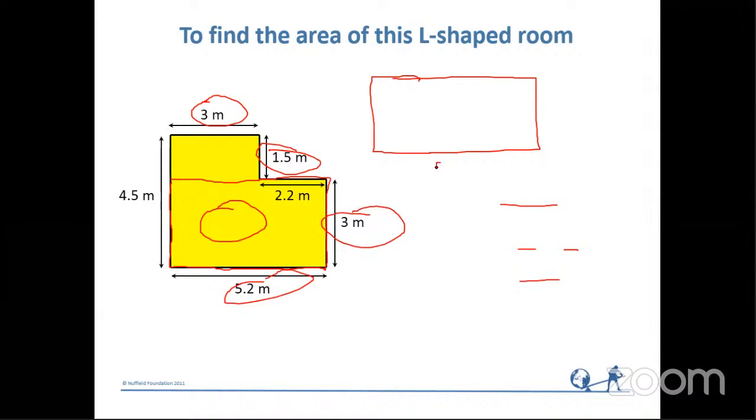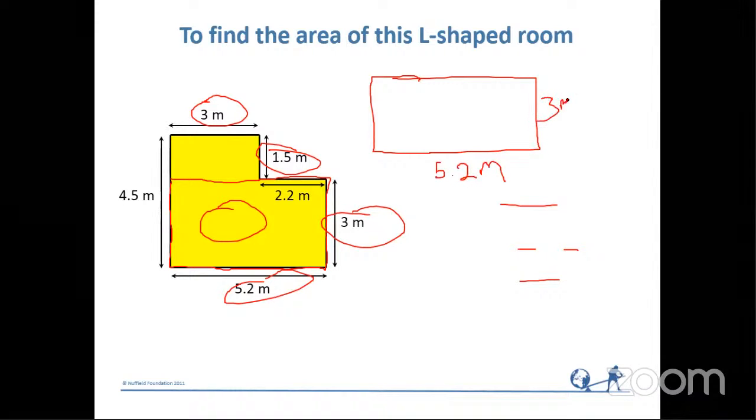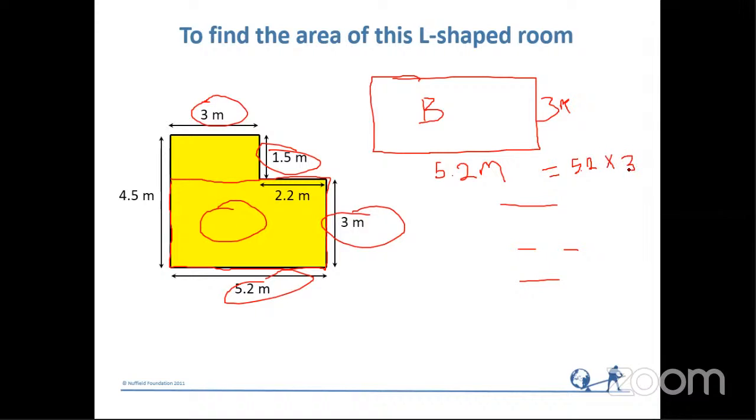So this is 5.2 meters, and this is 3 meters, and this is our B. So the area here is 5.2 multiplied by 3.